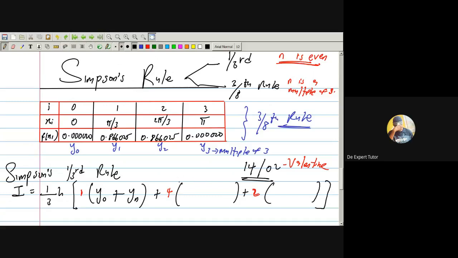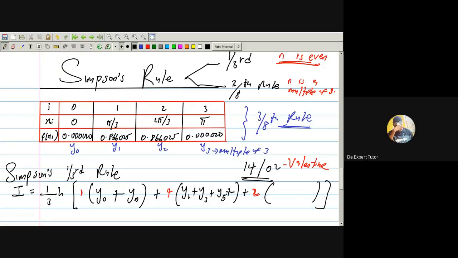You are going to write the subscripts of y that are not even. Y1 is not even. Y2 is even, I will not write it. Y3 is not even. Y5 also. Write them like that. That is the y of the ones that are not even.